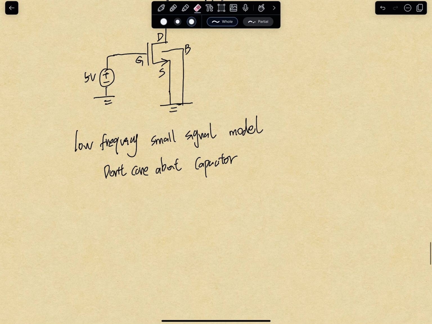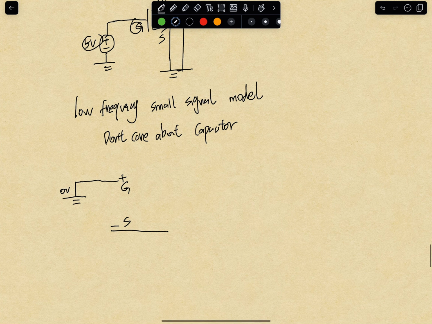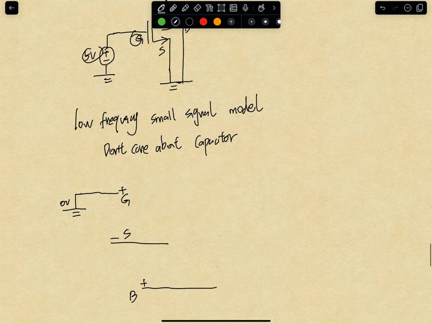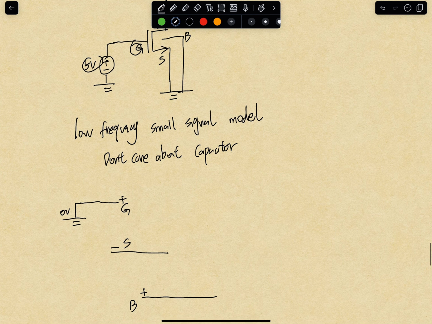Let's draw the small signal. You have a gate, you have a source, and the 5 volt is connected to the gate. In small signal, it's grounded, so it's 0 volt, no longer 5 volt, because the DC is gone. And we have a body over here. In this case, the source and the body are the same node, but I will just keep it for now. Then you have the drain over here.